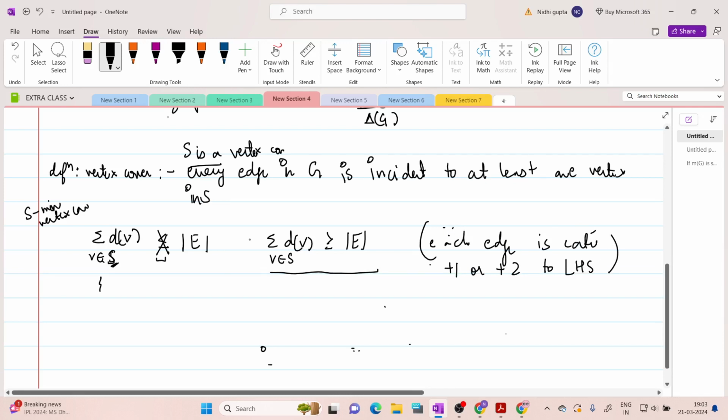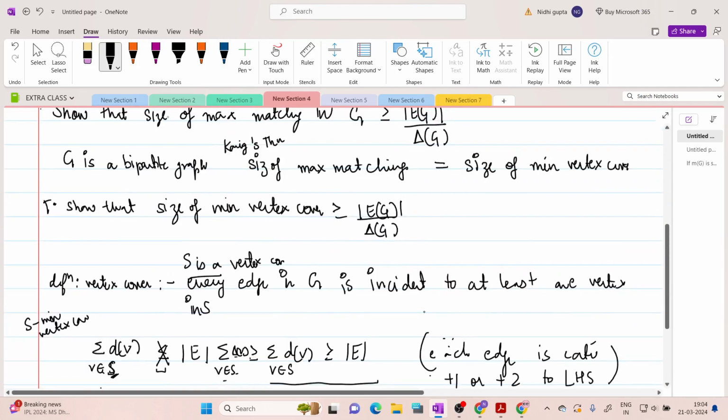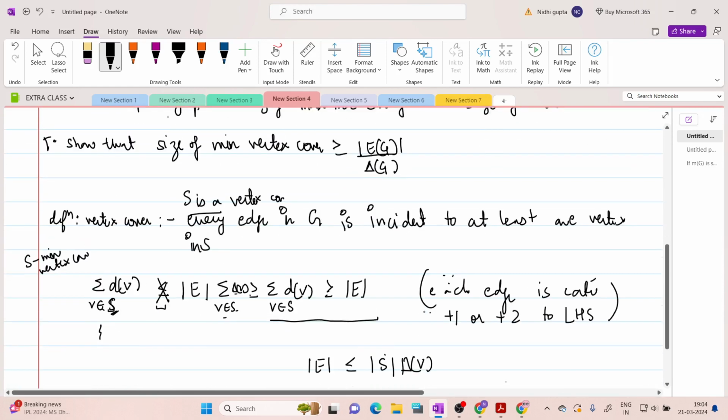Now each of these is a degree, so it will be less than or equal to the maximum degree. So we have the maximum degree and the order of S, so we see that the number of edges is less than or equal to the order of S times delta(V). And this was what we were trying to show.